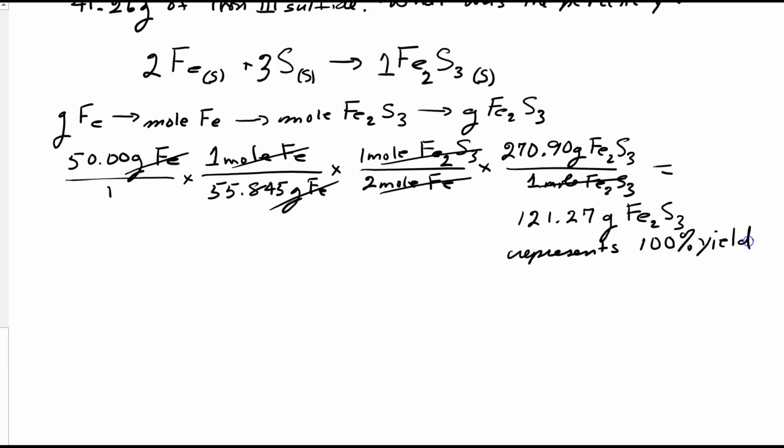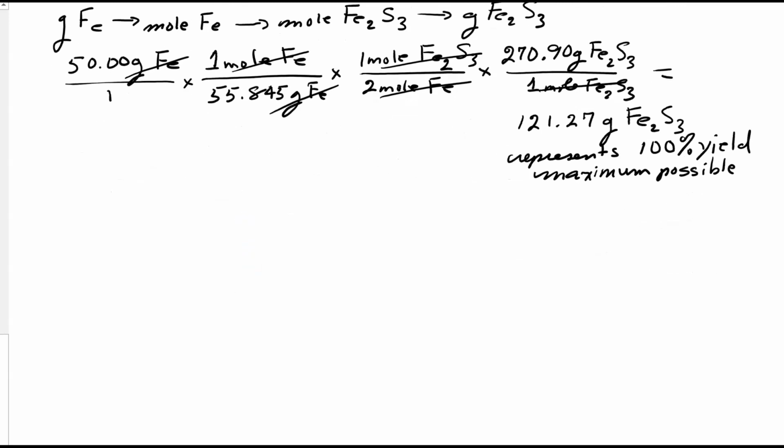Perfect reaction. But we didn't have a perfect reaction. So what did we have? This is the maximum possible. But we didn't get the maximum because in reality you very rarely, if ever, get the maximum that you could have, because of the conditions of the physical structure of the reaction and other ancillary situations.